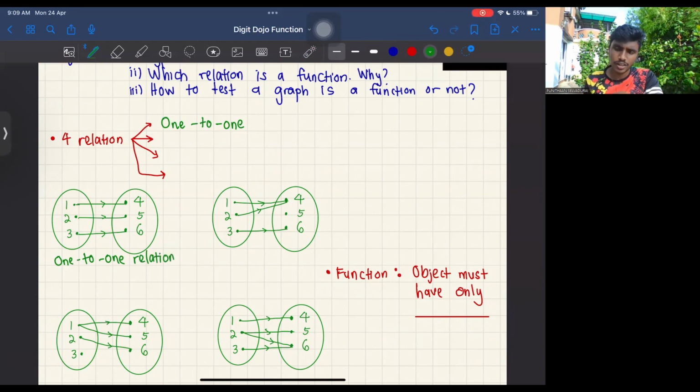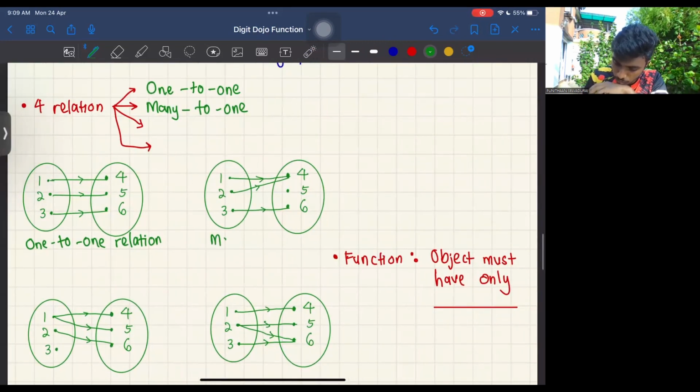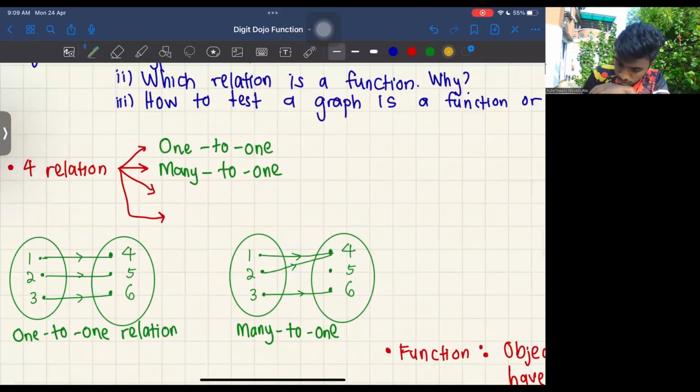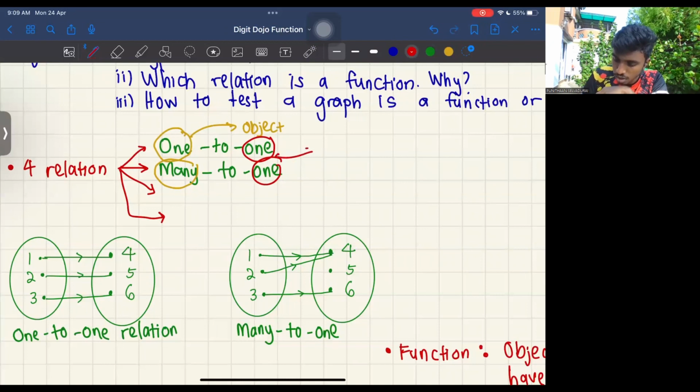We can easily find it out using an arrow diagram. The second one would be many to one. The second type of relation is known as many to one, and the example is here. Always remember the first word is referring to the object, and the second word after the 'to' is referring to the image.